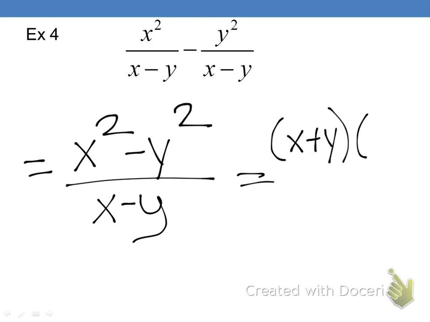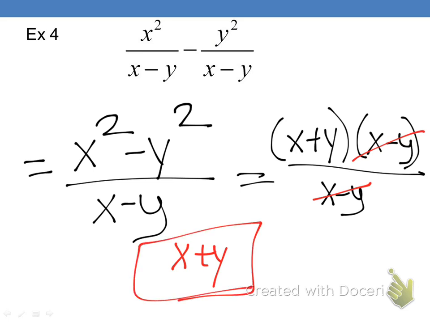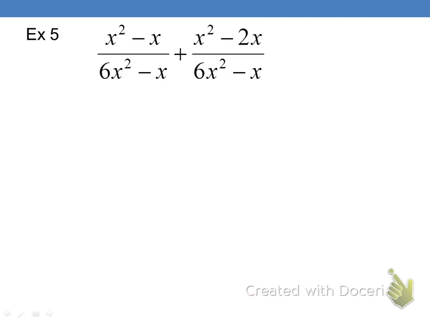So I can write it as x plus y, x minus y, all over x minus y. What now? Get rid of them. X plus y is the answer. Questions? Okay.